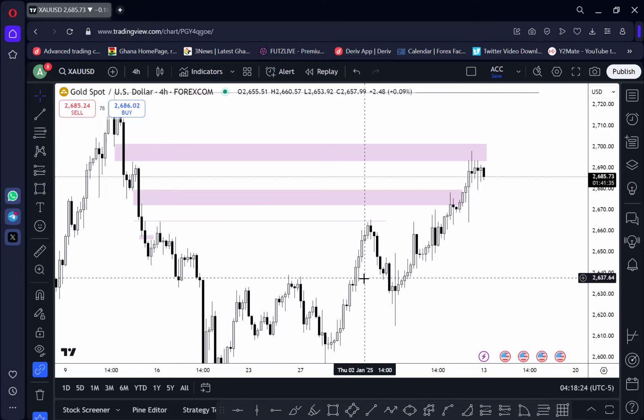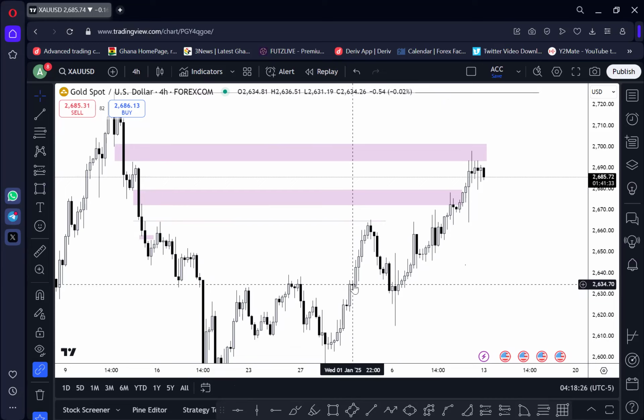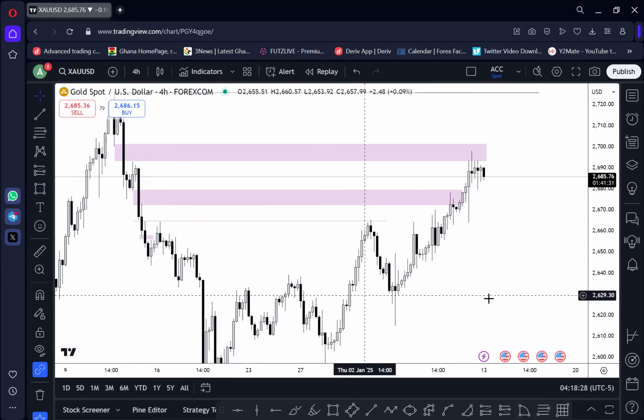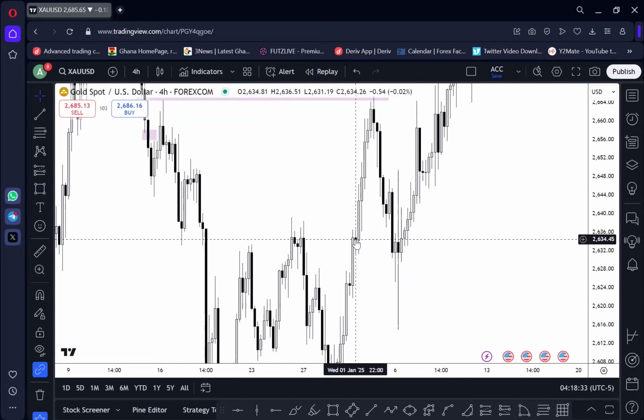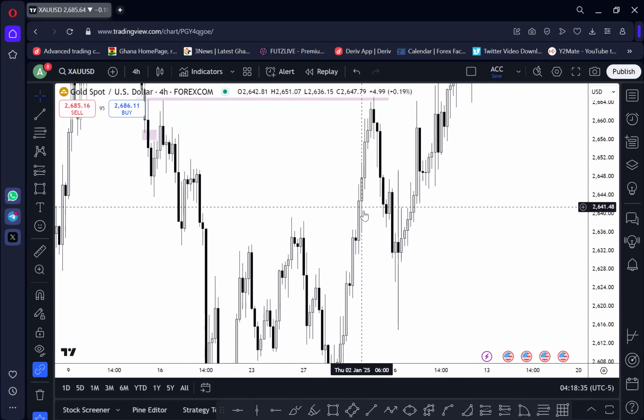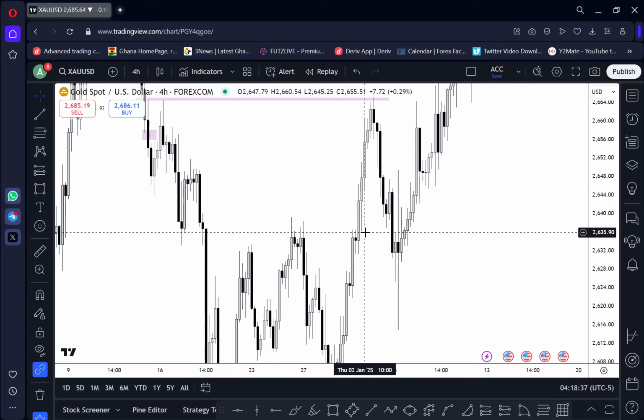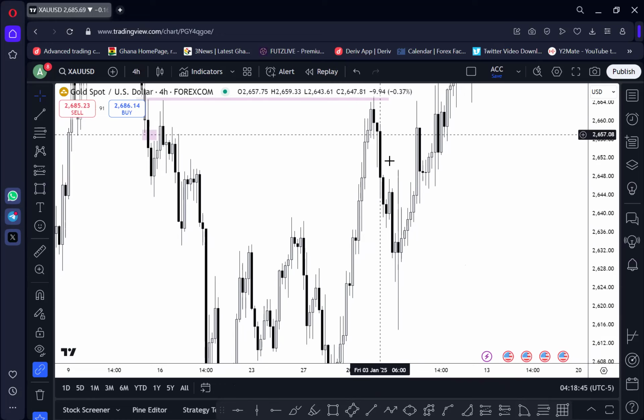But then, for instance, when we come here, look at this. First candle, second candle, third candle. You can see that between the wicks of this first candle, the small black candle, and the third candle, there is no gap. They balance out each other. So this type we call efficiency. When price gets there, price will just go.